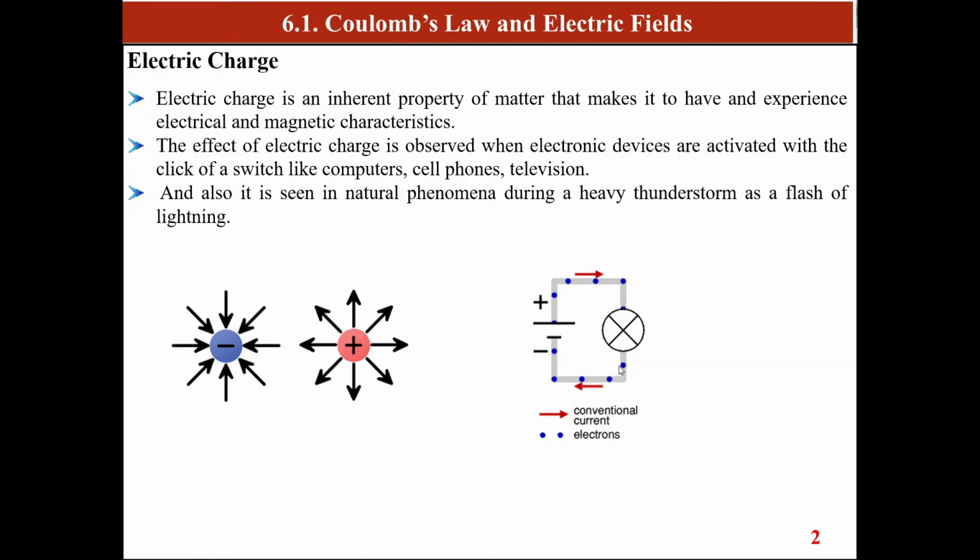Whenever we say current, it implies that the charges are moving. Current is equal to the rate of change of charge. As you can see here, this is the model for flow of electrons from the negative terminal to the positive terminal. So the change in Q over the change in time is equal to current.